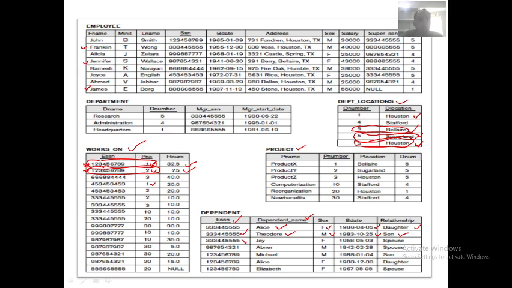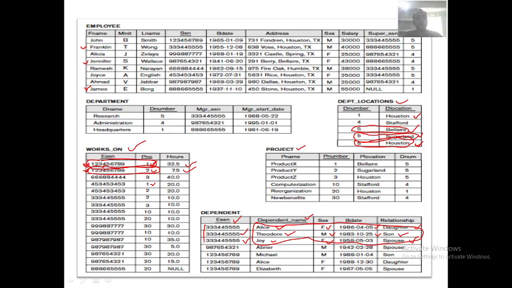There is one more 333445555. Again he is Franklin. He has one more dependent, that is Joy. She is female and date of birth is May 3rd 1958, and she is a spouse, meaning wife. These three persons, Alice, Theodore and Joy, are dependents of this person.